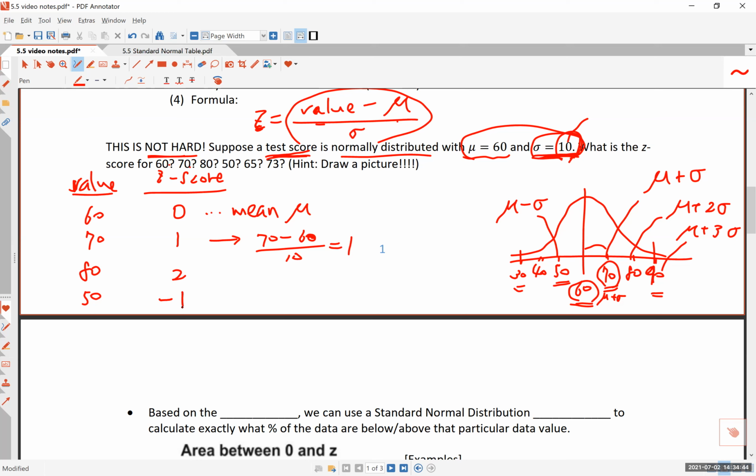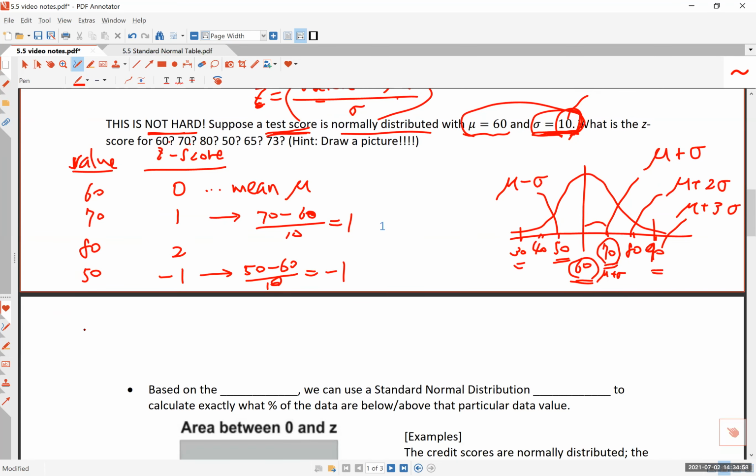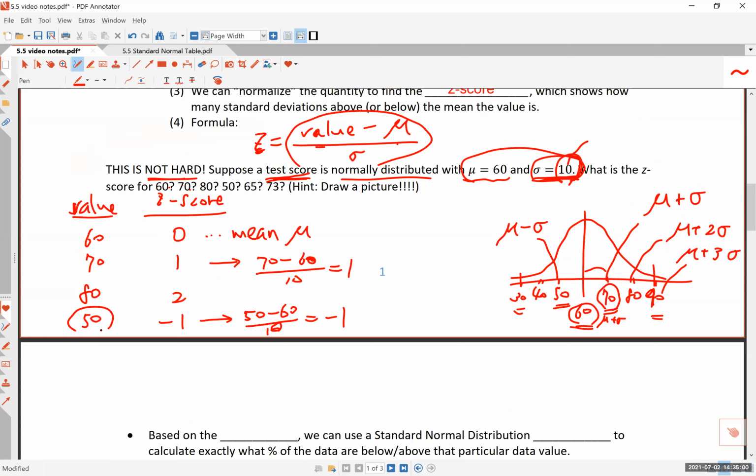So this will be -1. If you use the formula, this will be 50 minus 60 divided by 10, and that's -10 divided by 10. But you don't have to really worry about this. As long as the number is simple, you know that 50 is 10 below 60, and so that is exactly 1 standard deviation below 60.